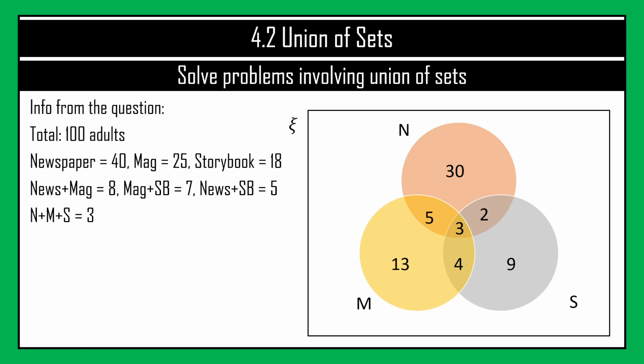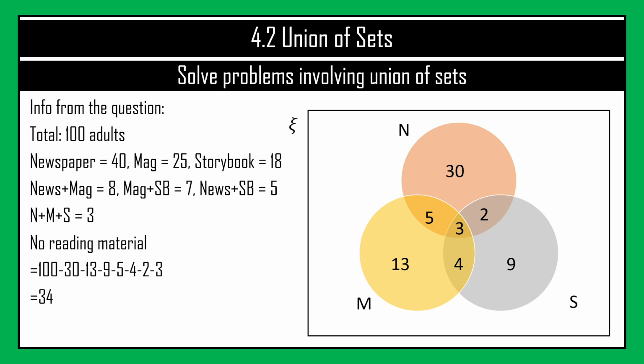Okay, so the question that we have here is how many adults do not choose any reading material? So we need to minus the total, which is 100, with all the numbers that we have here, since all of them do have reading material. This is actually the complement. After you minus every number there is, we got 34.